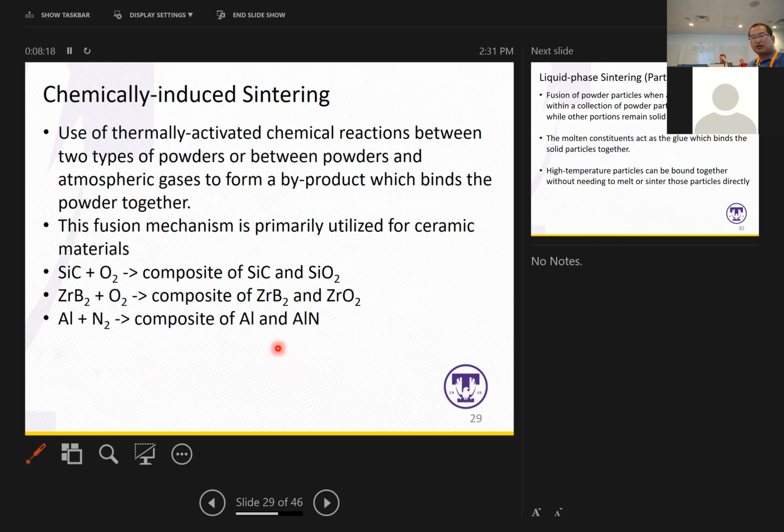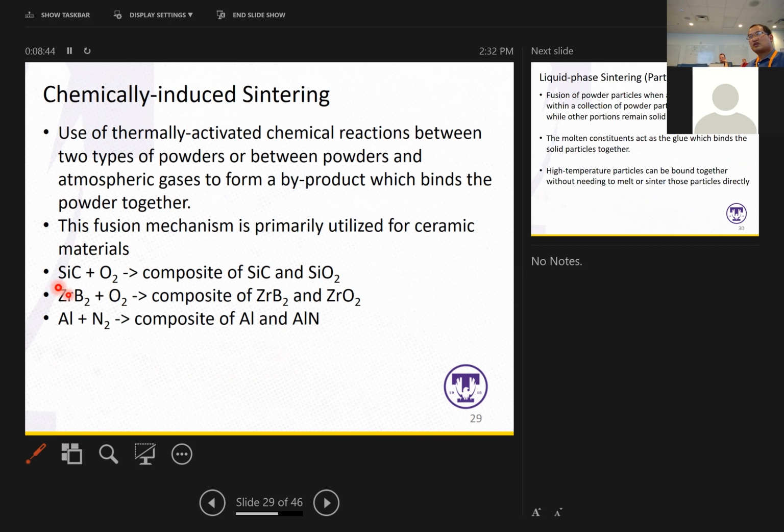Next, chemical-induced sintering utilizes a thermally activated chemical reaction between two types of powder, or between powders and surrounding gases, to form a byproduct which binds the powder together. This fusion mechanism is primarily utilized for ceramic materials.